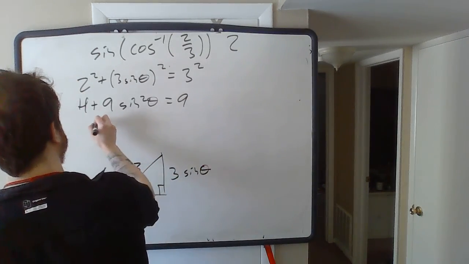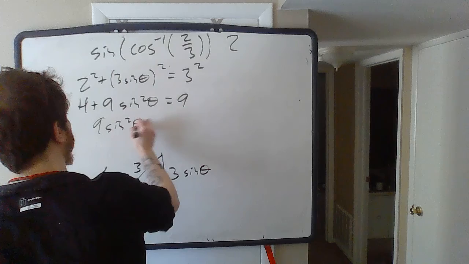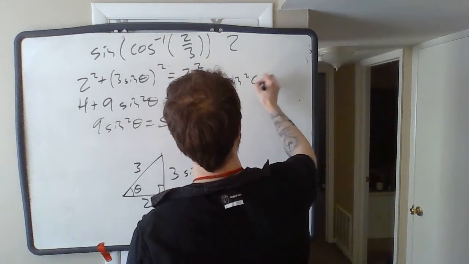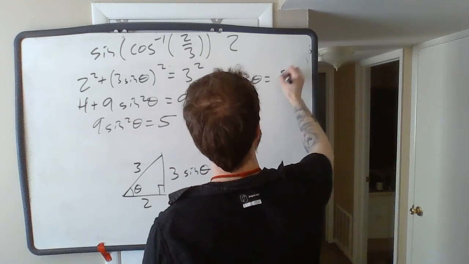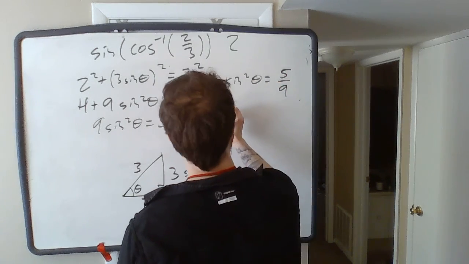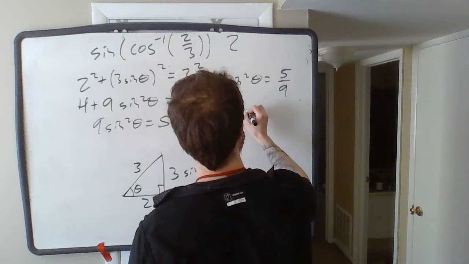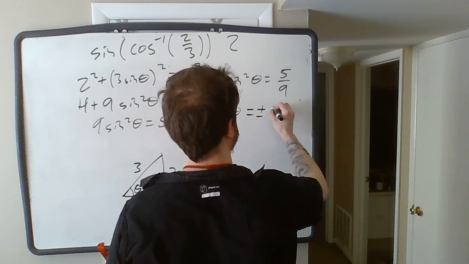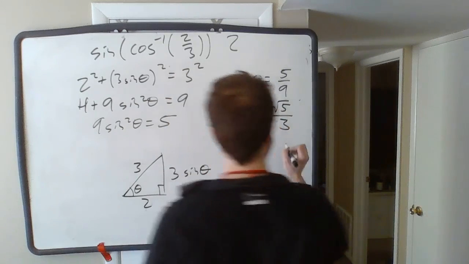This means that 9 sine squared theta is equal to 5. Sine squared theta is going to be equal to 5/9, and that means that the sine of theta is plus or minus the square root of 5 divided by 3.